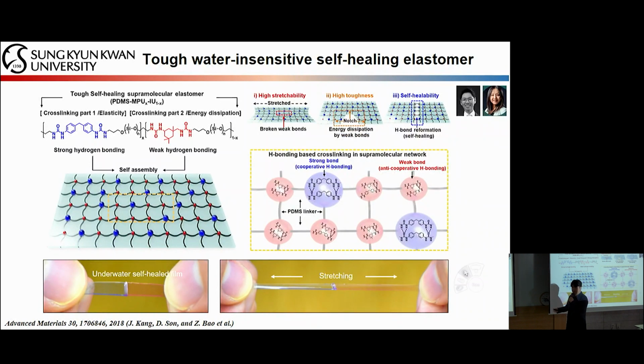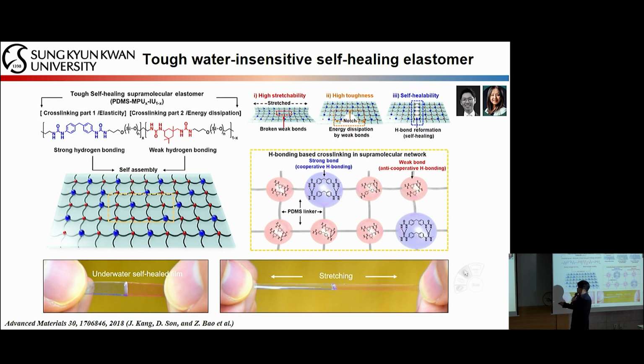To realize that, we started with the synthesis of a tough, very sensitive self-healing elastomer that consists of two kinds of hydrogen bonds and the hydrophobic PDMS. The PDMS backbone has a low Tg. This multivalent effect of the two kinds of hydrogen bonds enables high selectivity and high toughness.